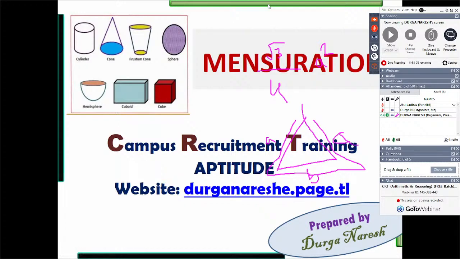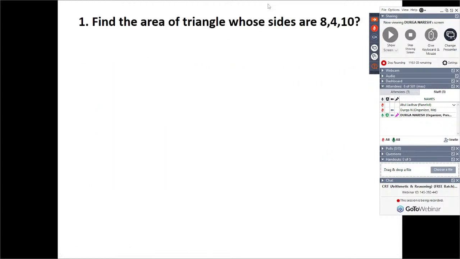Write down: find the area of the triangle whose sides are 8, 4, 10.